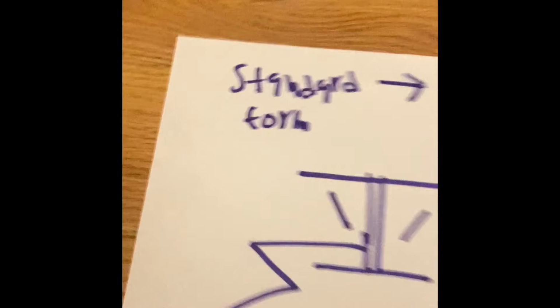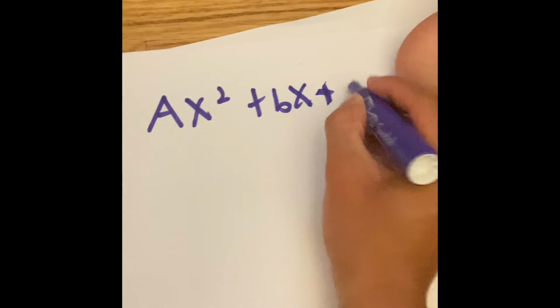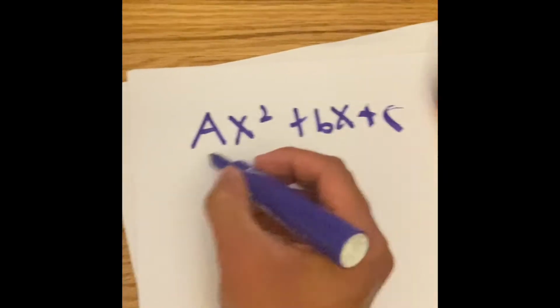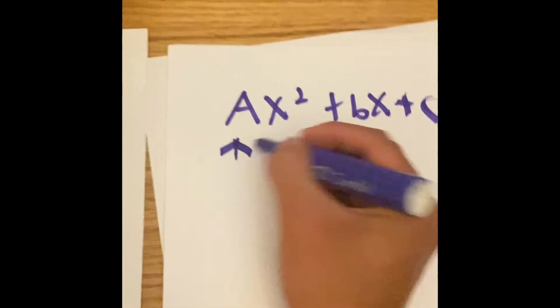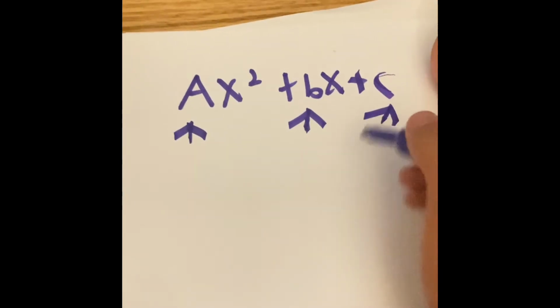So, with standard form, we've been learning that standard form is ax squared plus bx plus c, where a is the coefficient, b is another coefficient, and c is the constant.